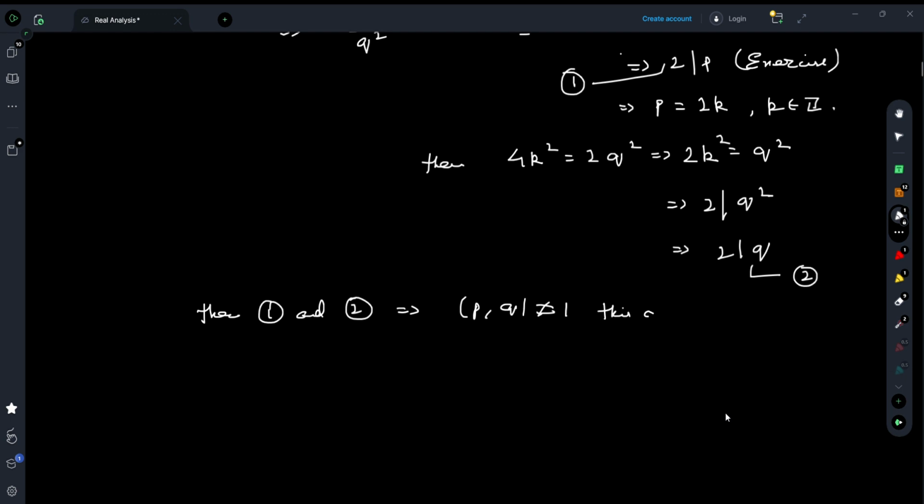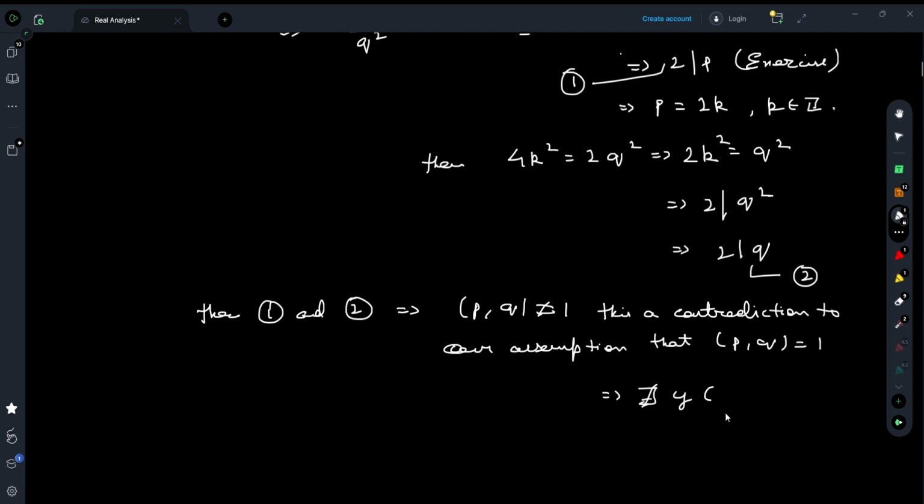Right? So this is a contradiction to our assumption that GCD of p and q was 1, which implies that there cannot exist any rational y such that y square is 2.